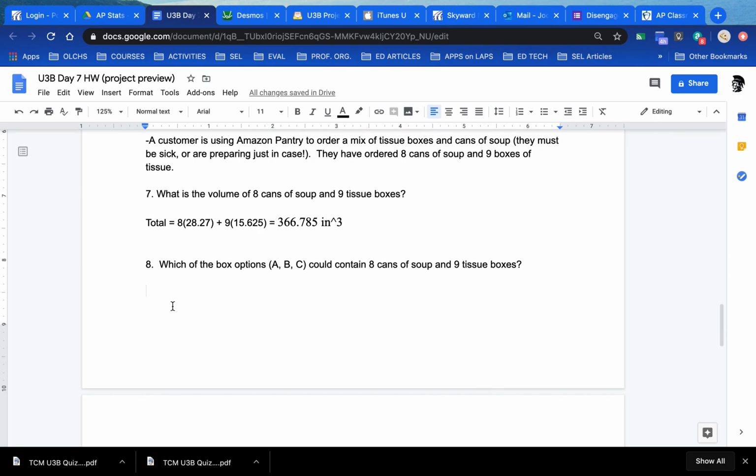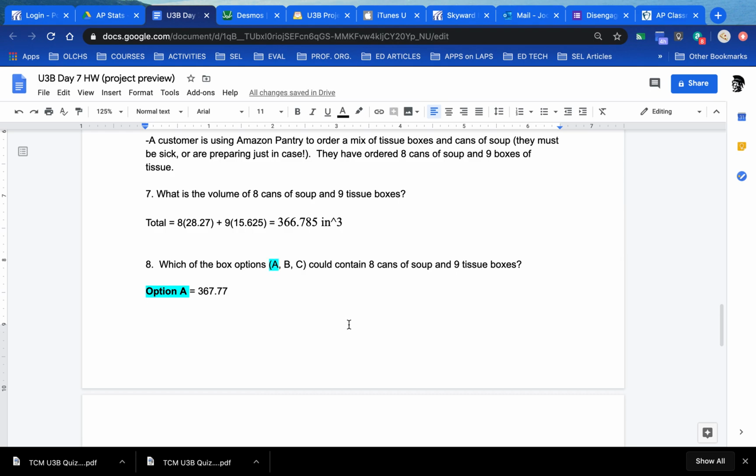So if option A as a box has a volume of 367.77, it is just barely big enough to fit these 8 cans and 9 tissue boxes. This number here is smaller than this. So I know option A works. Option A is an option that will be able to fit everything I just asked about. So again, I'm saying option A is our answer.